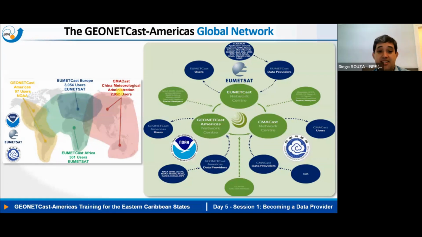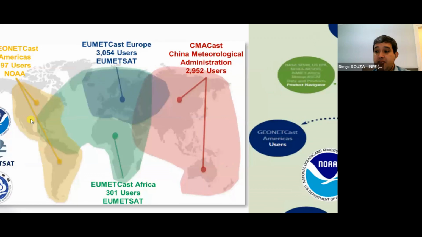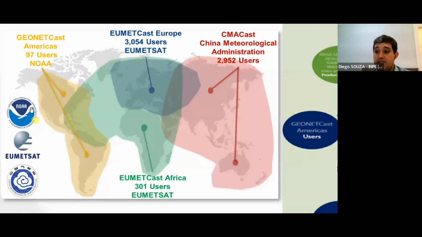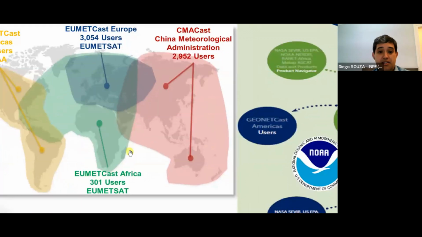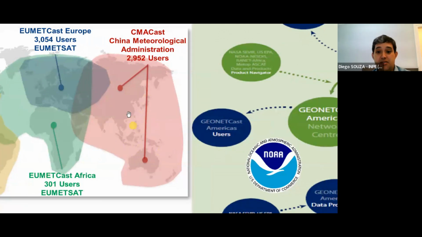The system was idealized by GEO, the Group on Earth Observations, and that is why it is called GeoNetcast. In the Americas, we have the GeoNetcast America system provided by NOAA. In Europe and Africa, we have the EUMETCast system provided by EUMETSAT. And in the Asia Pacific region, we have CMACast from the Chinese Meteorological Administration.